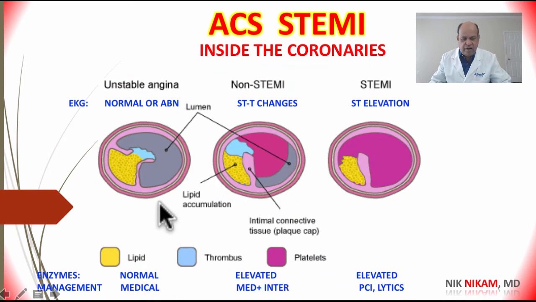Here is a cross section of the artery showing the same thing. First we have the buildup of a plaque in an arterial wall that leads to a cap that can rupture, and that can lead to formation of a blood clot inside, and if there is still a lumen present, then it results in a NSTEMI. But if there is total occlusion of the coronary artery, it results in a STEMI presentation.